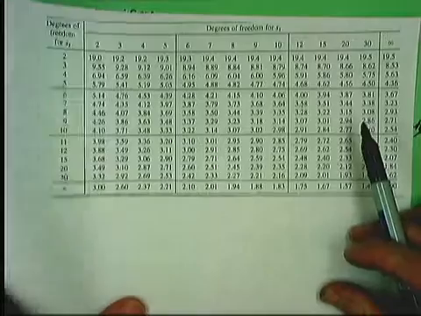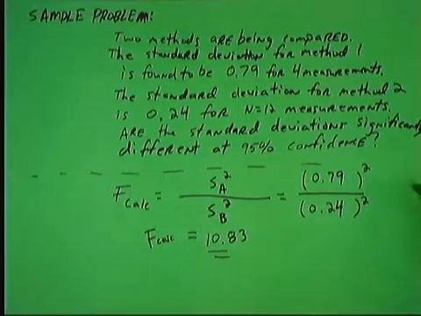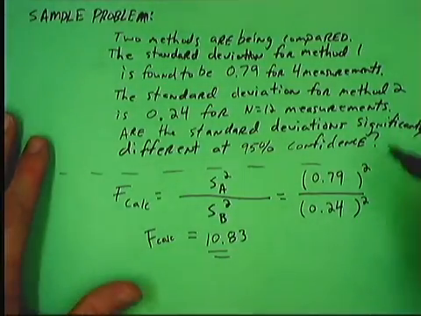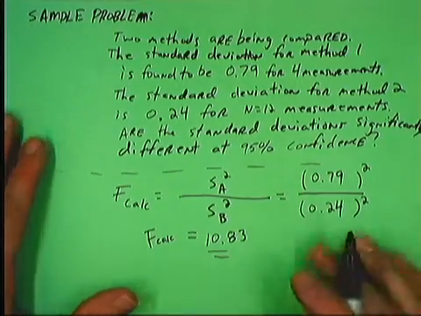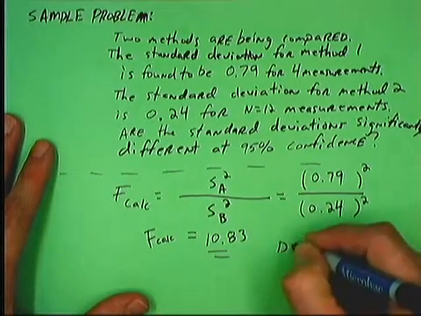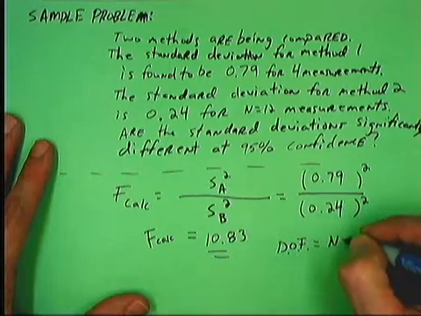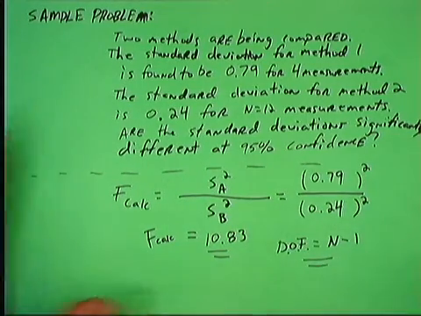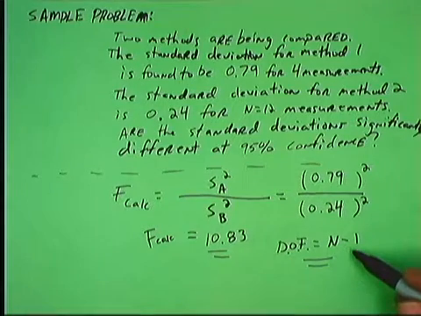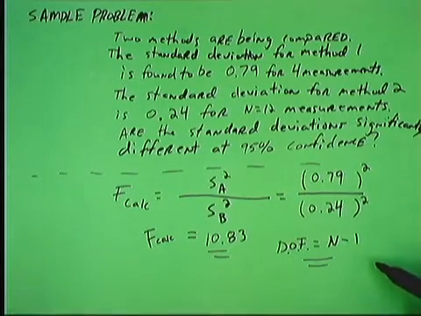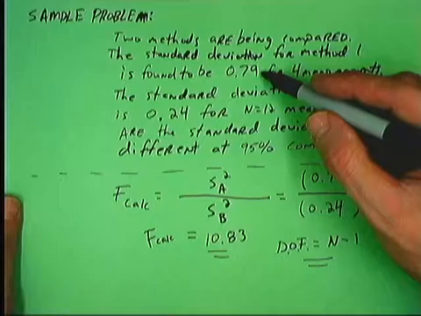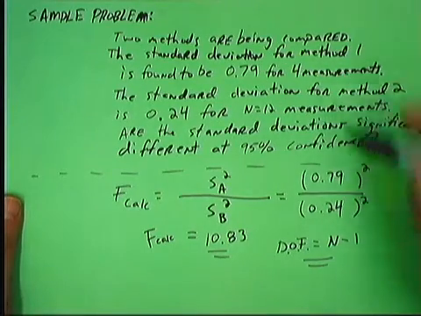So let's take a look back at the previous work to see what that has to do with. Remember, for an analysis, the number of degrees of freedom is the number of points minus 1. So for data set A, the larger of the standard deviations, we had 4 measurements.